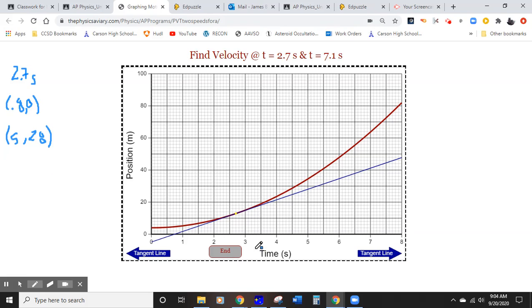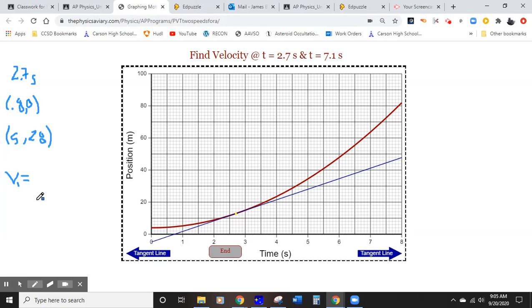So we don't have the slope tool, so we have to go the old school way. I'm going to calculate the velocity, we'll call it velocity 1. Let me get my calculator out. The change in Y is going to be 28, divided by 5 minus 0.8.